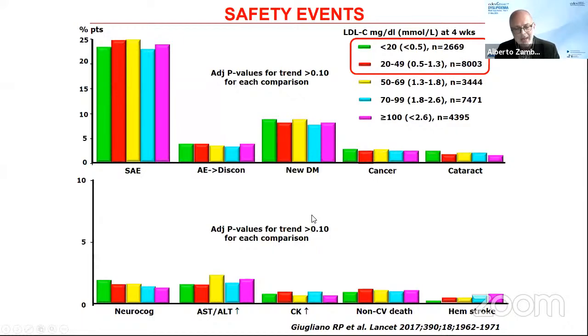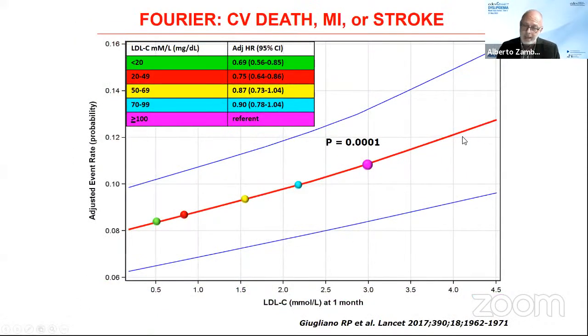And of course, the real-life data collected after the introduction in our armamentarium of monoclonal antibodies confirm the lack of serious side effects, even for those at very low levels of LDL cholesterol. The good point is that the linear relationship between progressively lower LDL cholesterol and progressively lower event rate was confirmed even for very low levels of 0.5 or less.